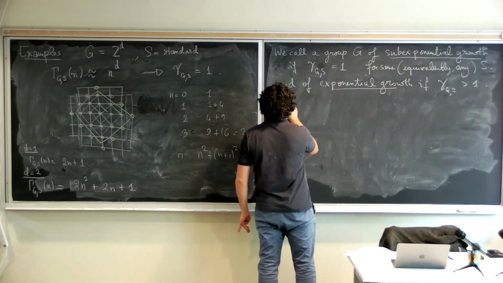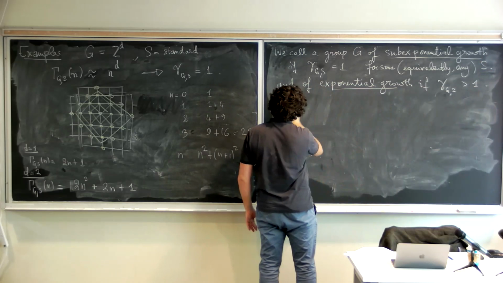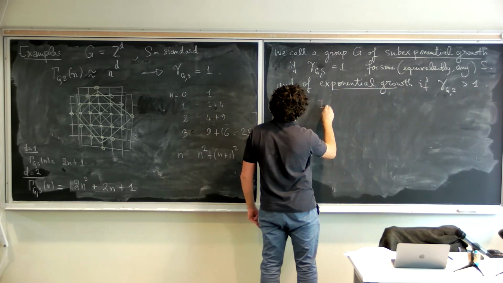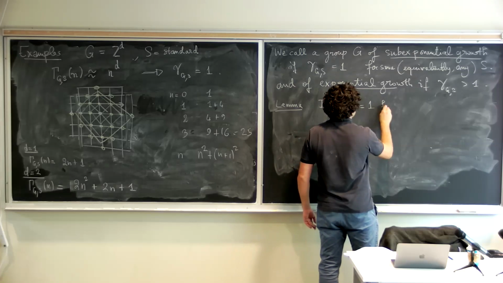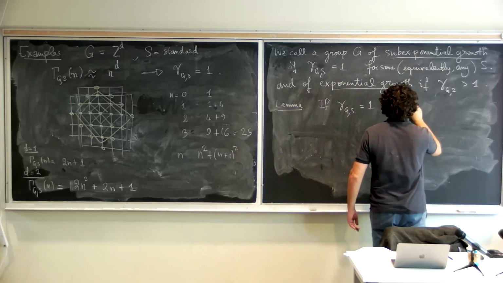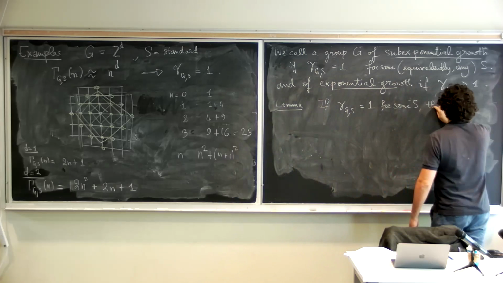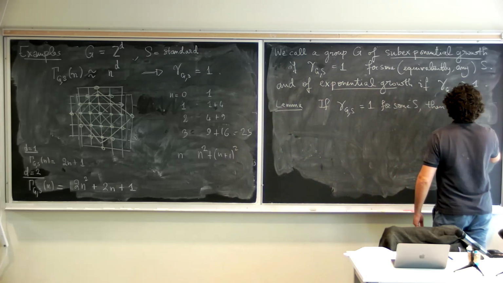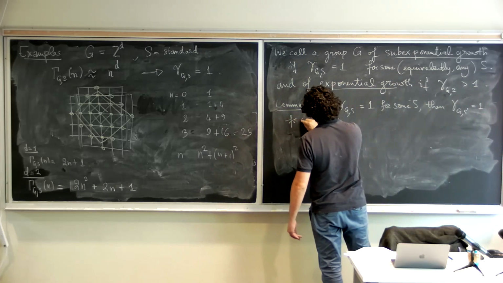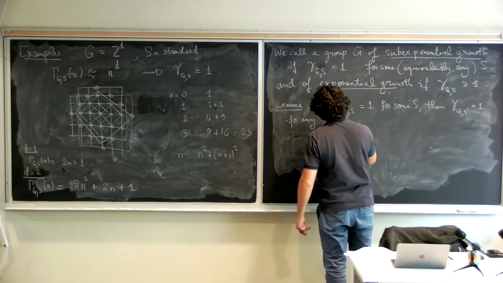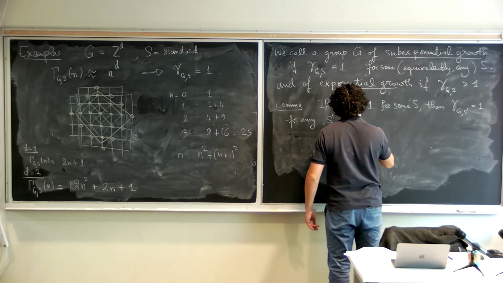So the lemma is, if gamma of G, S equals 1 for some S, then gamma of G, S prime equals 1 for any S prime generating the same G.